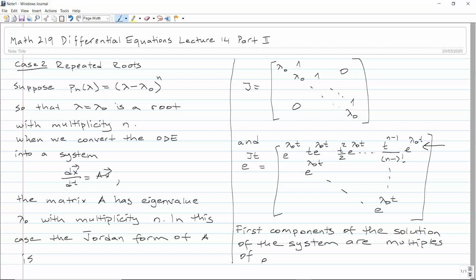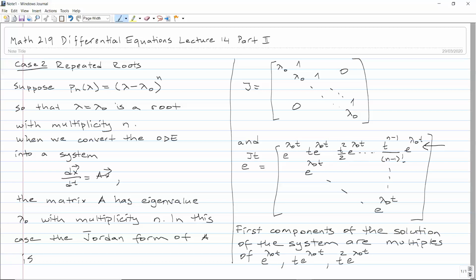So what are the functions? e to the lambda 0 t, t times e to the lambda 0 t, t squared times e to the lambda 0 t. It is true that in the first row of the matrix exponential, we have t squared over 2, but the number 1/2 is just a constant.